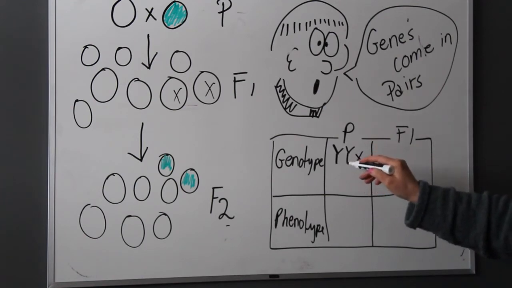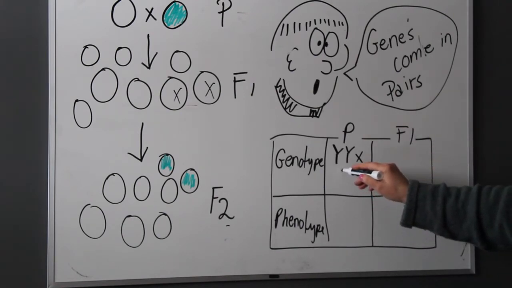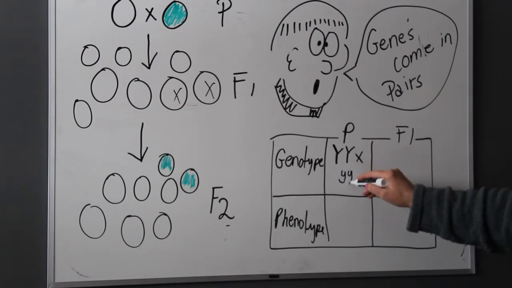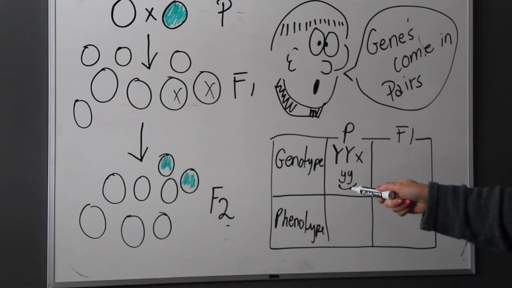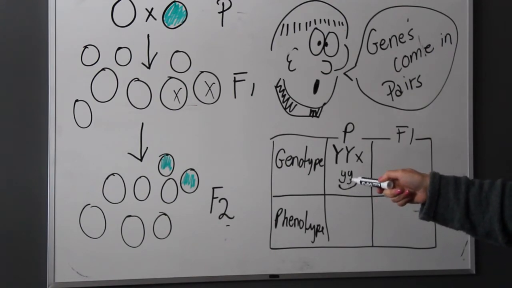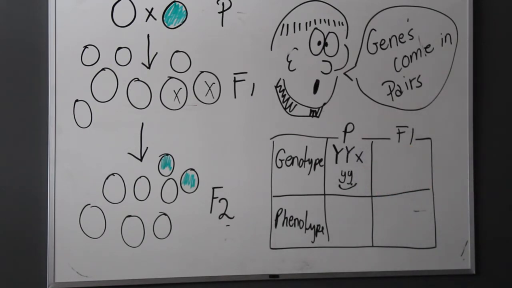I'm not going to use G for green because it's a similar form of the same trait. So I'm going to use little y's instead. And I'm just going to make them little because, he didn't have this word for them at the time, but they're obviously recessive to the yellow because they don't show up in the next generation.